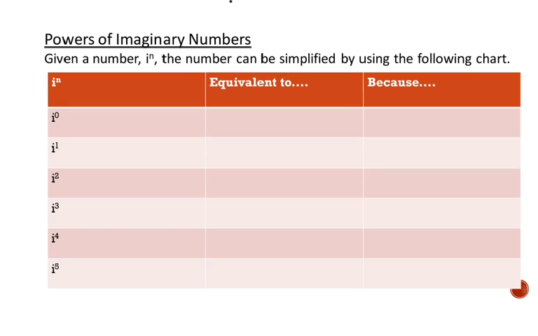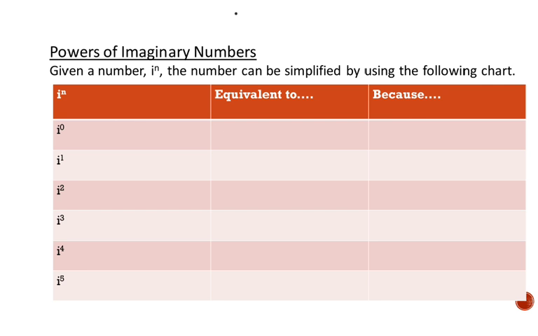i to the 0 is equivalent to the number 1 because any number to the 0 power is 1.